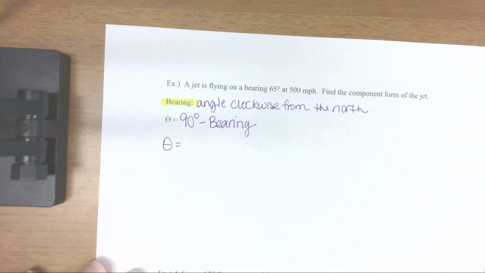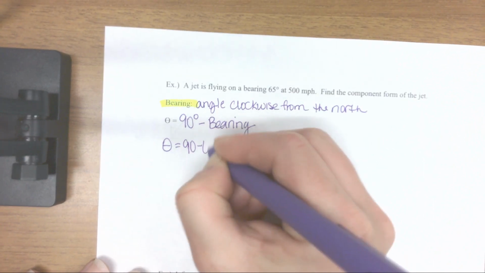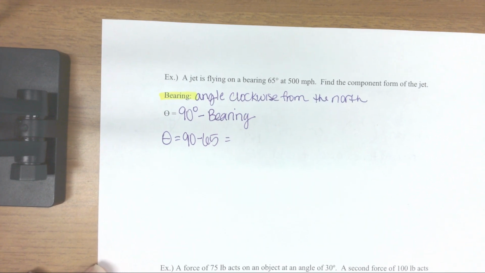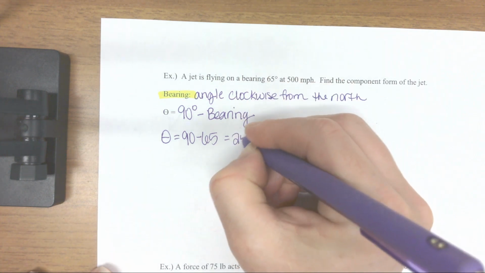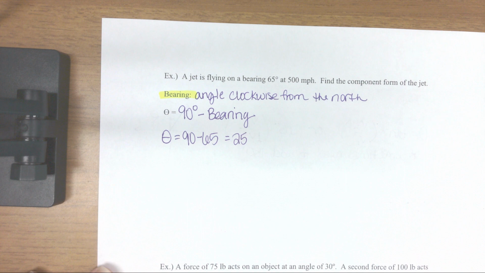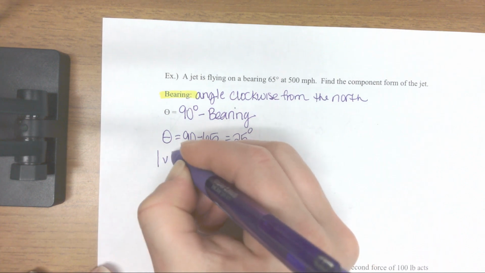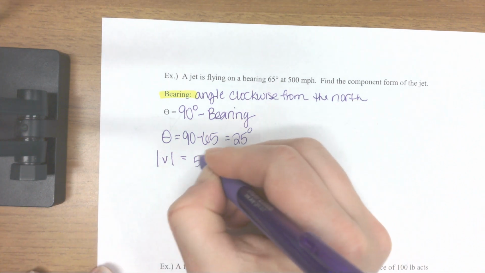If it's flying at a bearing of 65 degrees, I'm going to take 90 minus 65. What is 90 minus 65? The magnitude of the vector is the speed of the jet, so that is 500 miles per hour.